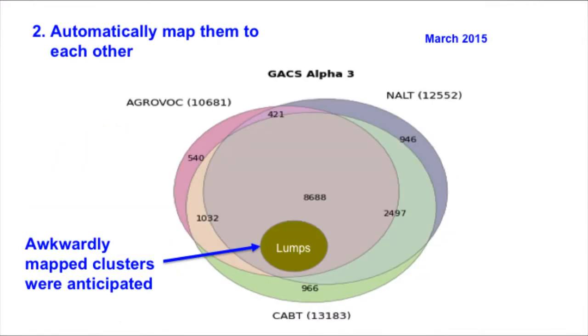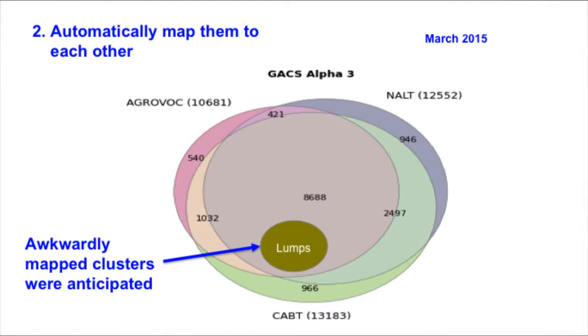And so we started to map them to each other using automatic algorithms. Here we are in March 2015, and we can see this area of overlap, and we can see that there are concepts that are in only two or one of the three thesauri.